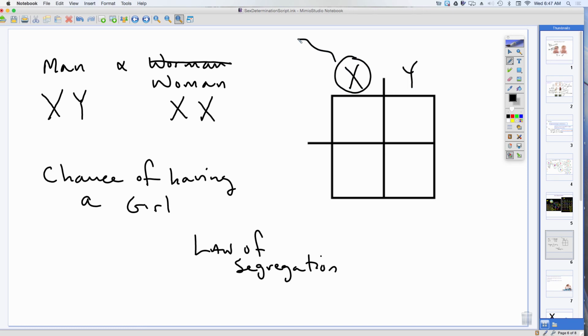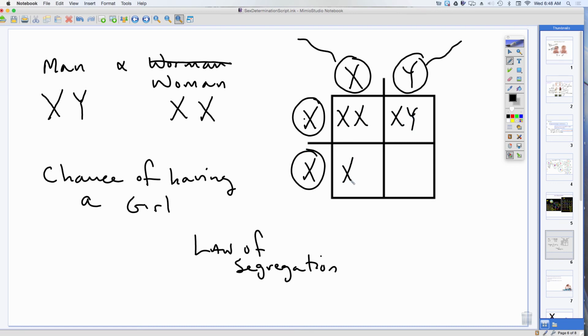So that means that if it were the male up top here, the sperm would hold an X, 50% of them would hold an X, 50% of them would hold a Y. In the case of the woman, she only has X chromosomes in her eggs. And so now if we fill in our Punnett square, we can see that there is a 50% chance of having a girl, and a 50% chance of having a boy.